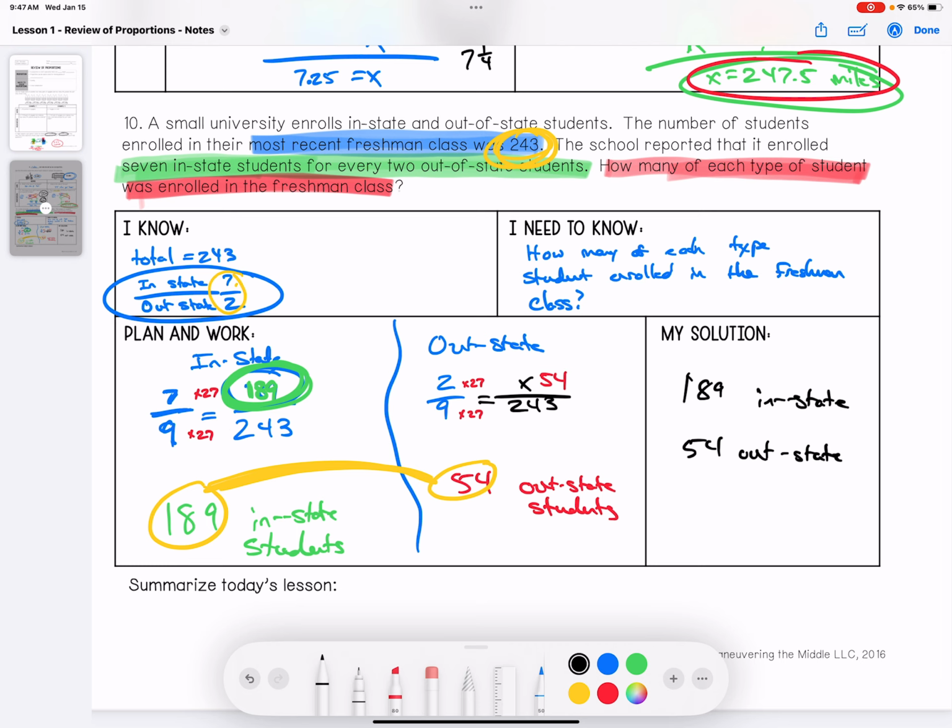Number 5 was diamond. Number 6 was 98.6. Number 7 was 8. And number 8 was 3 planets, Mercury, Venus, and Mars.